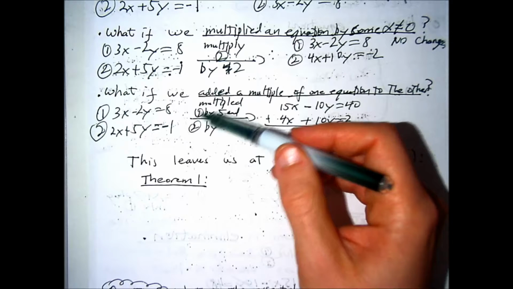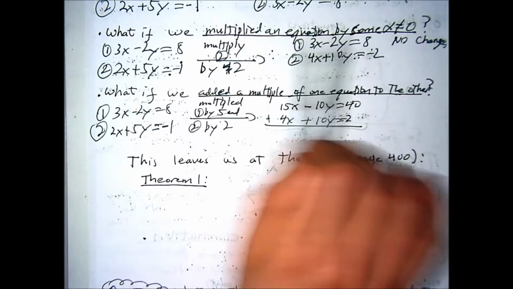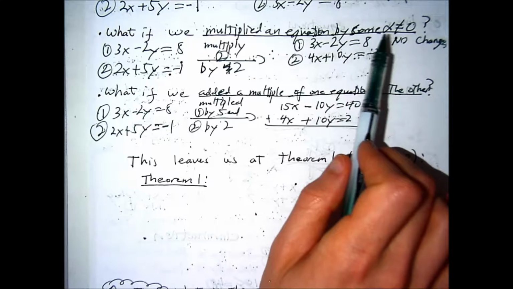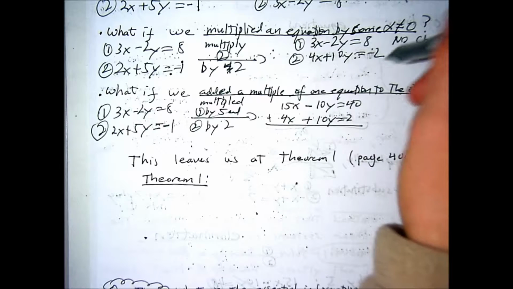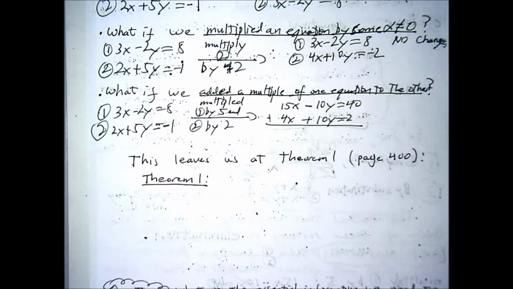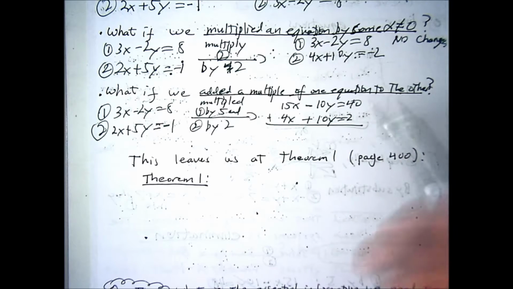So you could say that I added a multiple of this equation to a multiple of the second equation, which really, remember, since multiplying an equation by some constant doesn't change anything, I kind of used this step in this step. I don't know what else to call it.